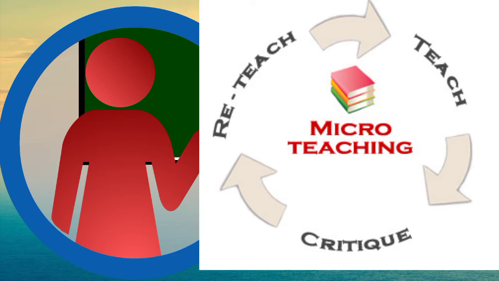After getting feedback and suggestions, then they are going to teach. So this micro teaching skill practice is going to take place in a cyclic manner till the attainment of that skill in a perfect manner. So that's why in micro teaching one cycle is there, and that cycle is called the micro teaching cycle.